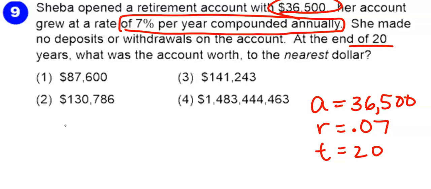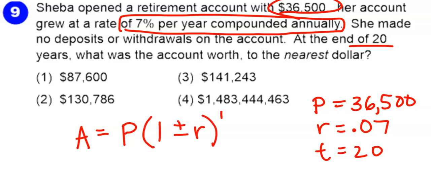This is an exponential growth formula, so we know that our equation will be the principal amount that she put in, so we'll call that the initial value, P. We need to know the rate and the length of time, because the amount is equal to the principal times 1 plus or minus the rate raised to the t power.